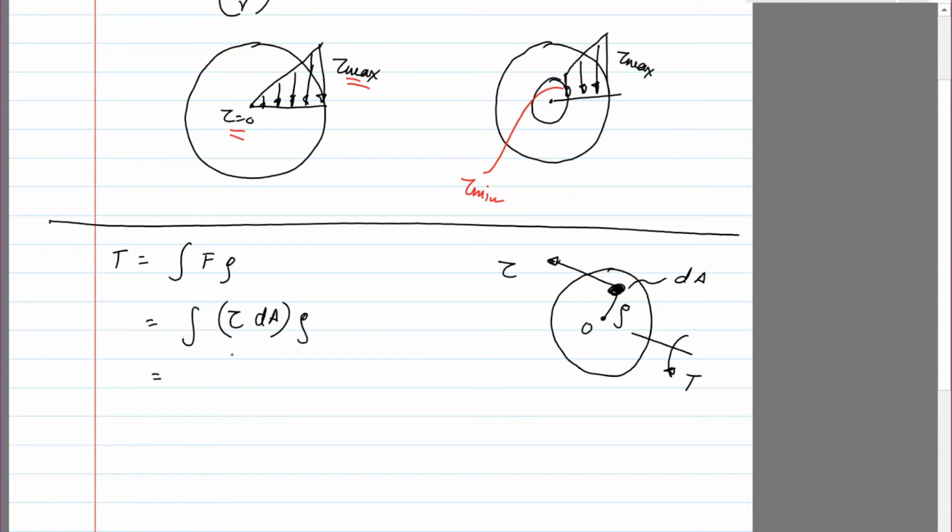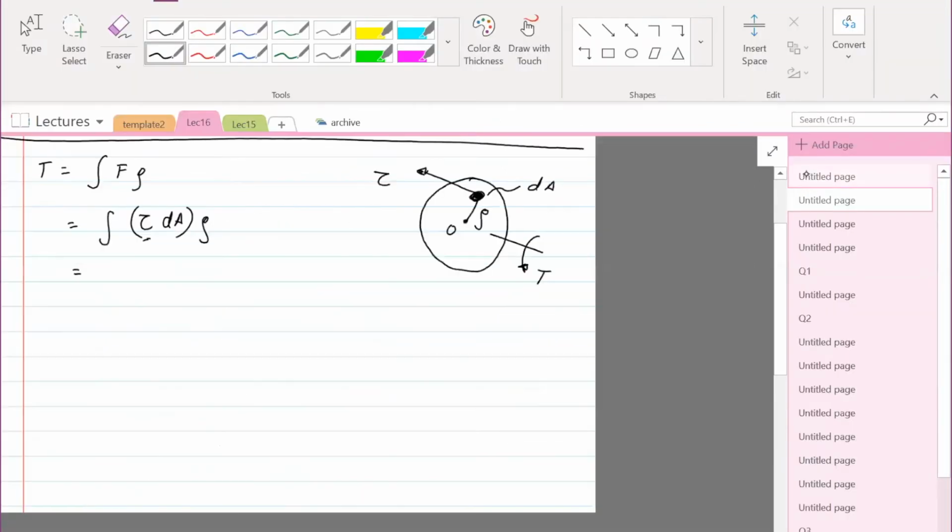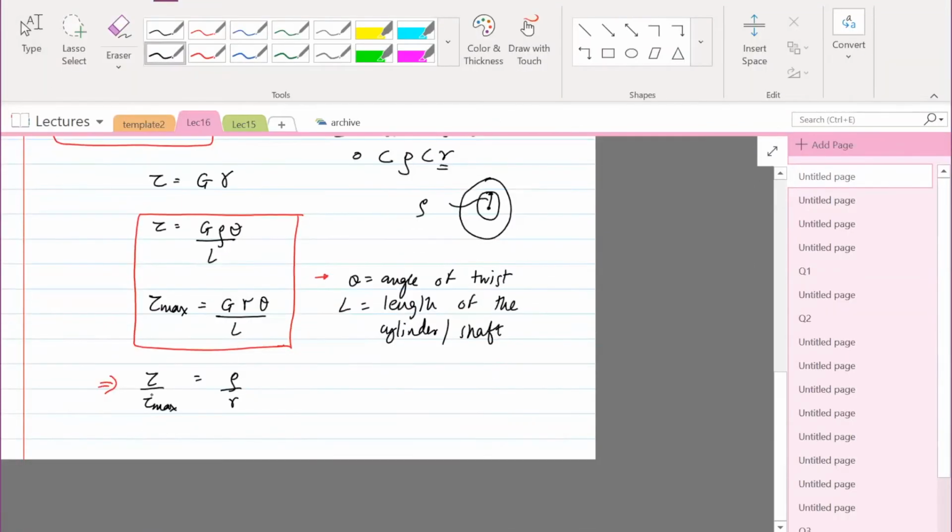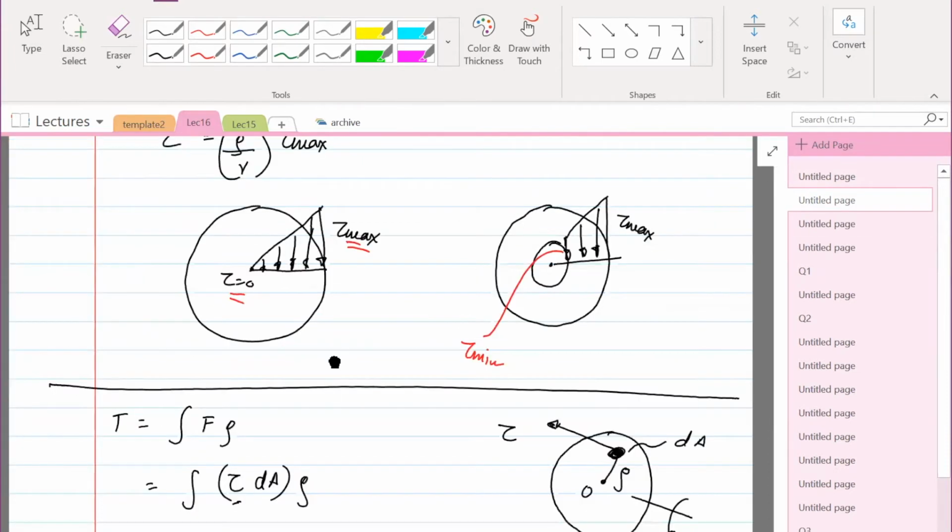Okay, so what we can do is write an expression for tau from our previous section. We showed that the maximum stress is on the outer surface, and tau varies as a linear function of rho, so we'll use that expression here.